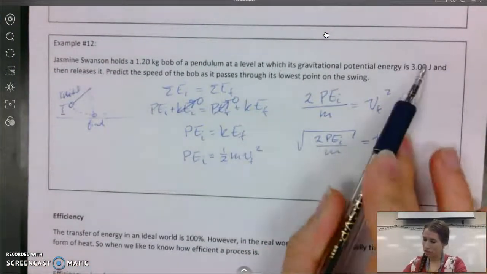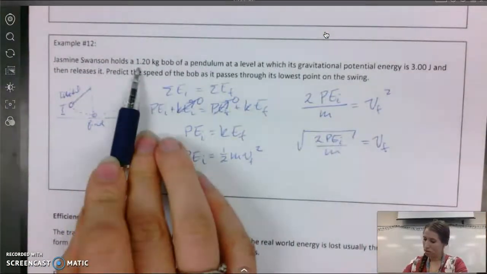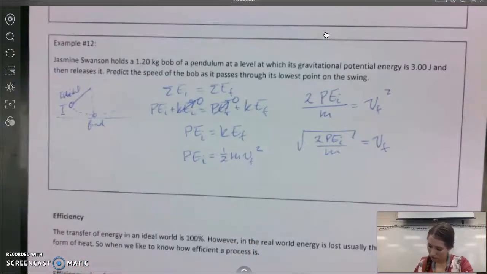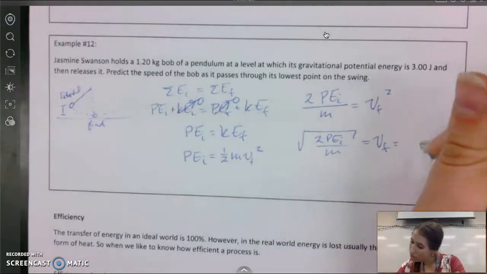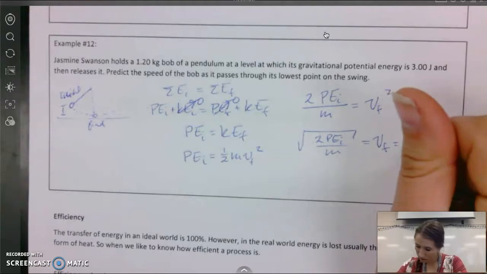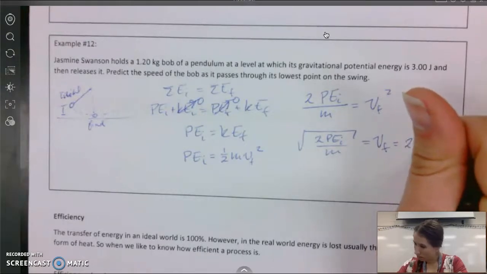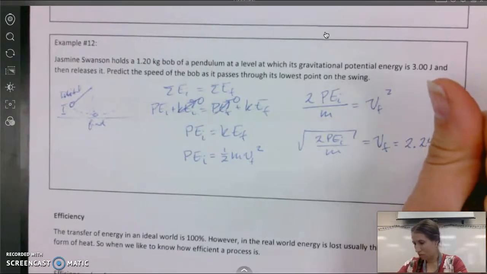Potential energy initial is 3 joules, the mass is 1.20 kilograms. So the square root, top of the fraction, 2 times the 3 joules divided by 1.2 kilograms. 3 sig figs. So we got a 2.24 meters per second.